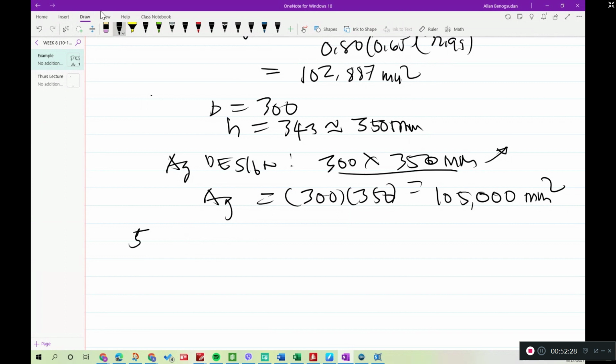Solve for AST. Solve for AST. So that's the reinforcement. So AST is equal to 0.024. I would like to say, let's put the equation.